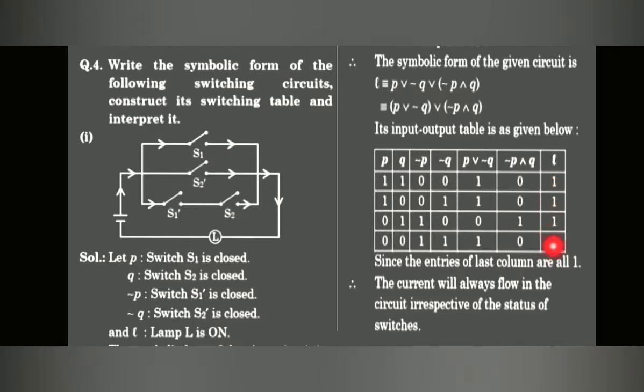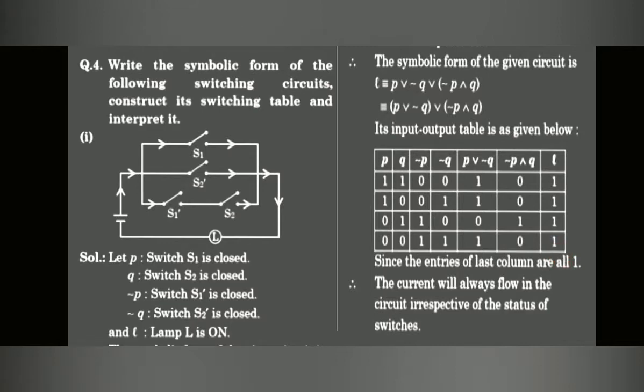This is a true statement, which means in this circuit current will always flow, irrespective of the status of the switches. In any condition of the switches, current will always flow in this circuit, because all entries are 1, meaning the statement is true.